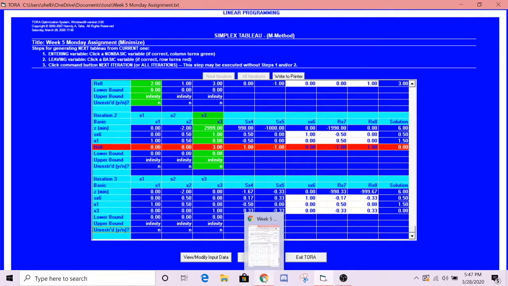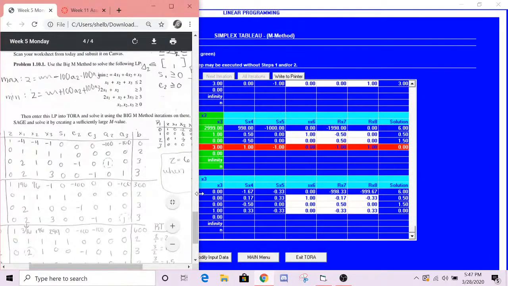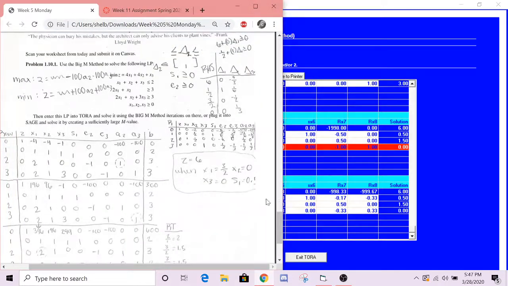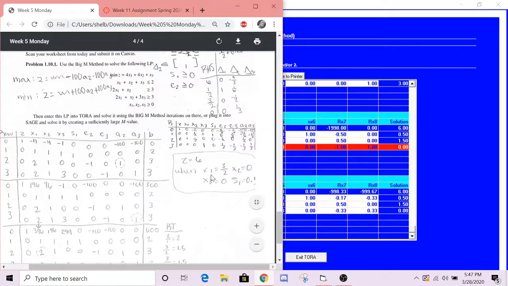And looking back at my notes, I believe I have that Z is equal to 6 when X1 is equal to 3/2, which is 1.5, X2 is equal to 0, X3 is equal to 0, and S1 is equal to 0.5.